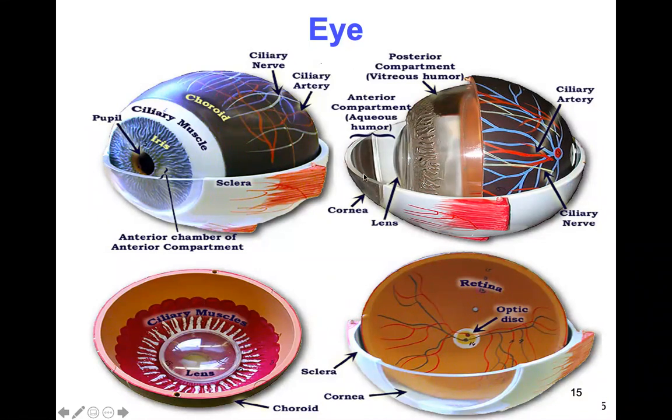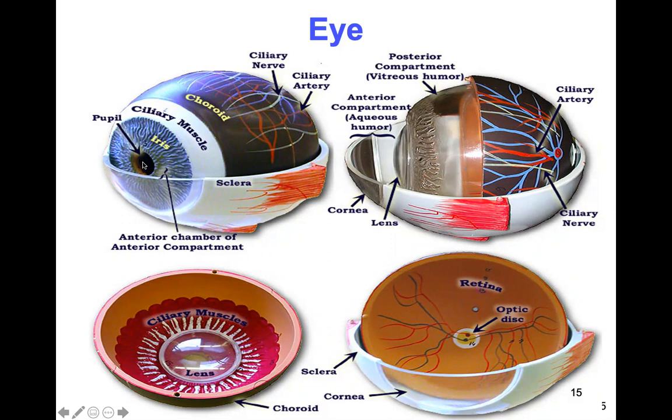So here's the cornea, and you can see here is the lens, and this anterior chamber right here is the anterior compartment, and there's a type of fluid in here called aqueous humor. Here is the lens, and behind the lens is the posterior compartment, which is filled with vitreous humor.